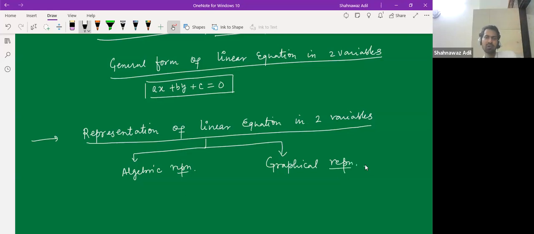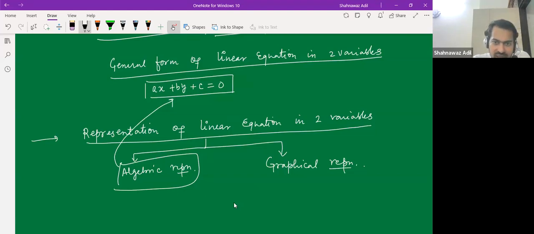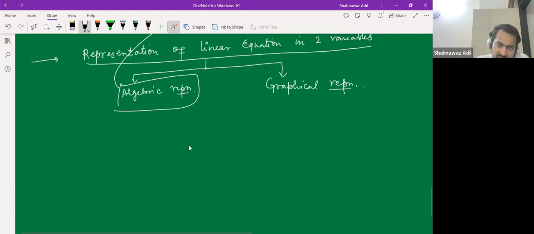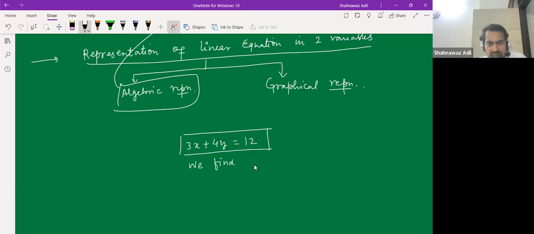Algebraic, you already know, is how we represent it, and graphically, how do we represent a linear equation? Let's say the linear equation is given: 3x plus 4y equal to, let's say, 12. To represent this linear equation in two variables on a graph, we find the solutions, the coordinate points.